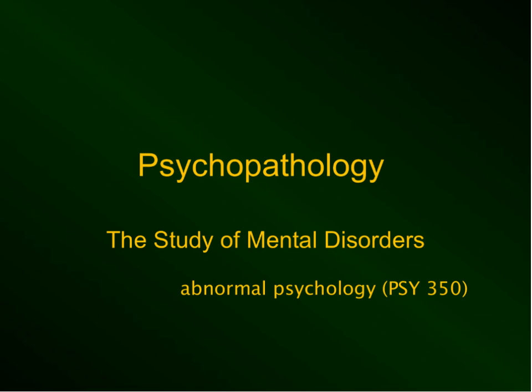So what we're going to do today and all next week on Tuesday and Thursday is take a look at various different forms of psychopathology, various different mental disorders. We will talk about anxiety disorders beginning at the end of today's class session. Talk more about those on Tuesday. On Tuesday, we will also talk about mood disorders.